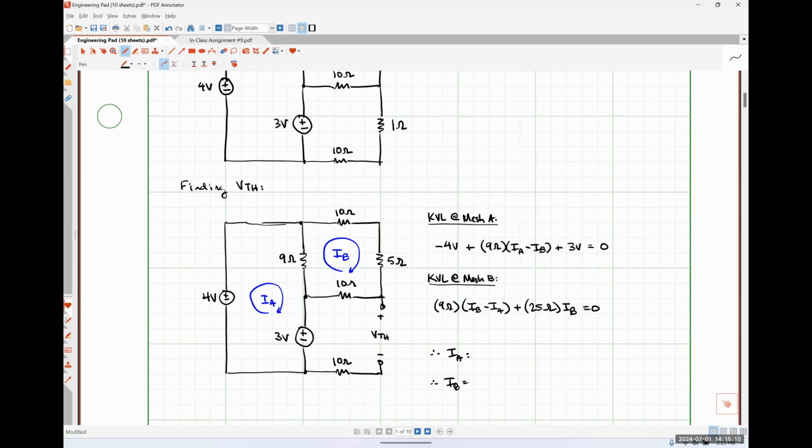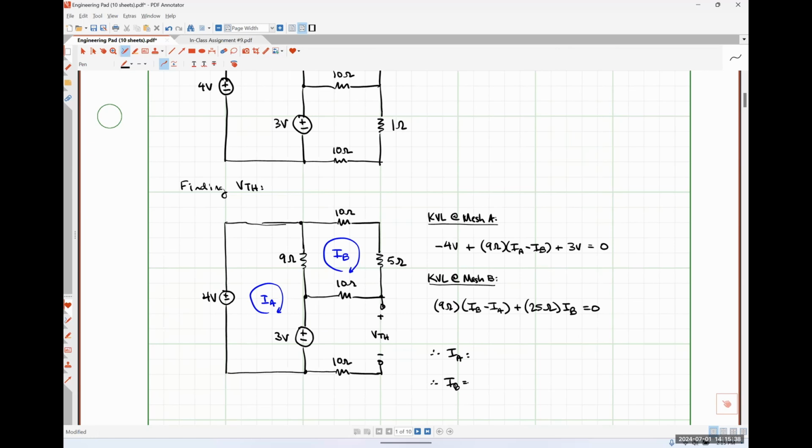So using my trusty TI-36, it's a 2x2 system. My coefficient for IA in my first equation is positive 9. My coefficient for IB in my first equation is negative 9. And then I'm going to have plus 4 minus 3, so that looks just like 1 as my constant term. In my second equation, my coefficient for IA is negative 9.